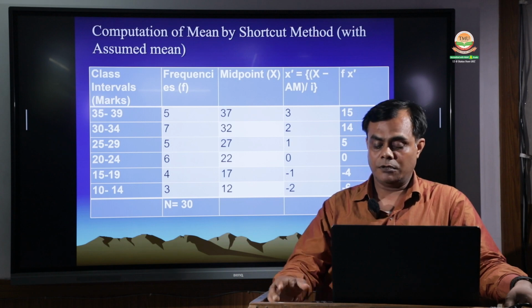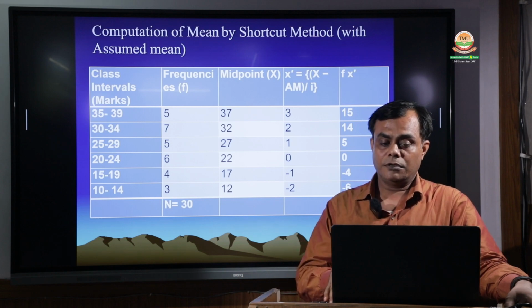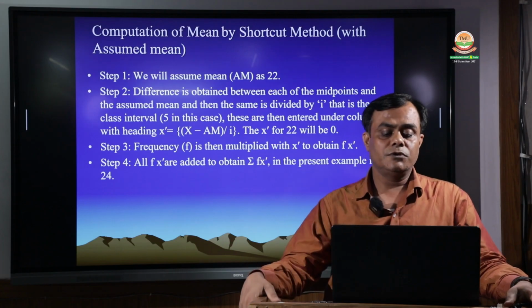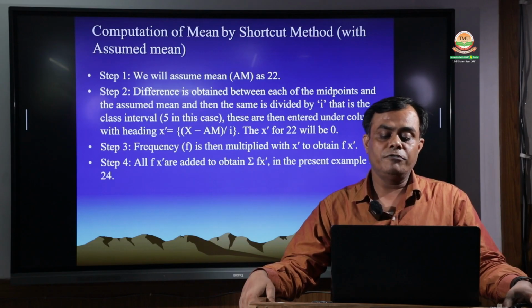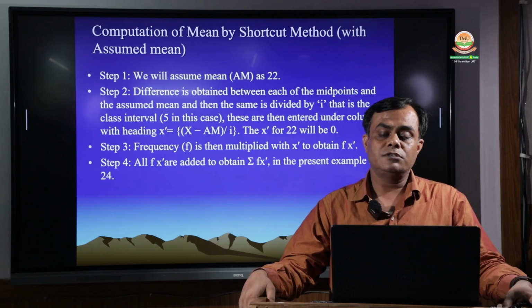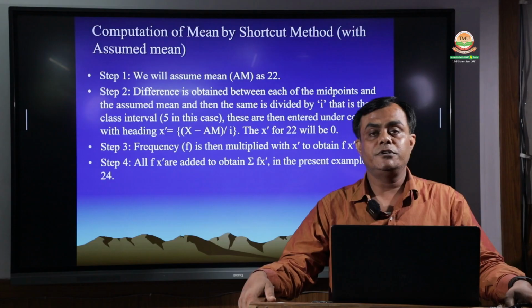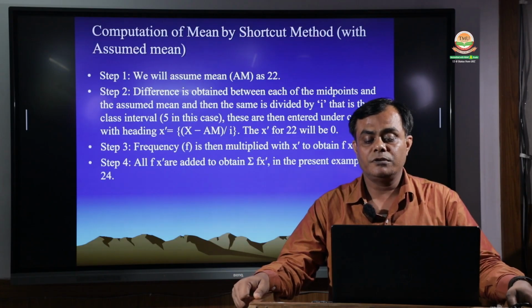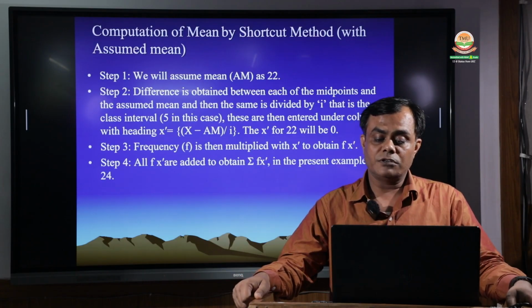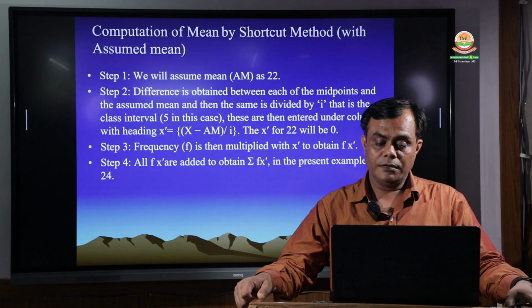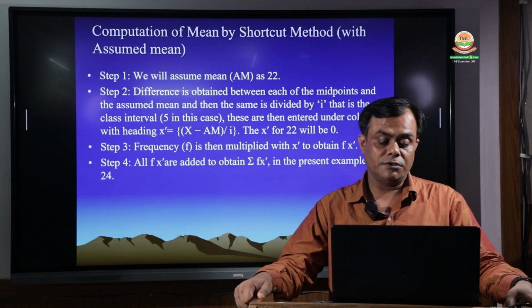On the basis of this shortcut method, we go step by step. Step 1, we assume the mean as 22. Step 2, the difference is obtained between each of the midpoints and the assumed mean, and then it is divided by I, the class interval.